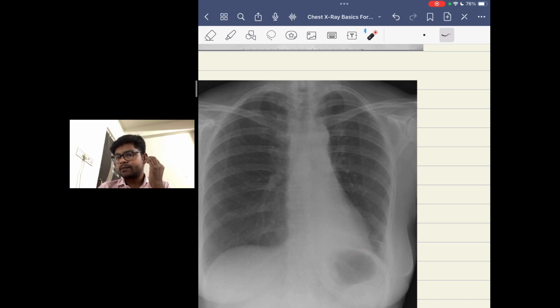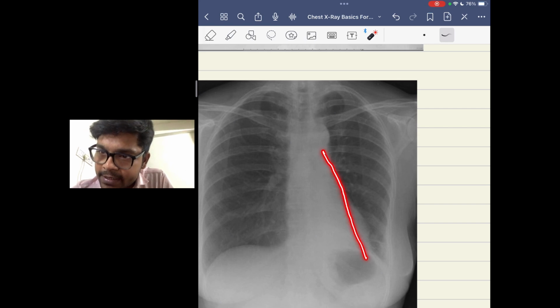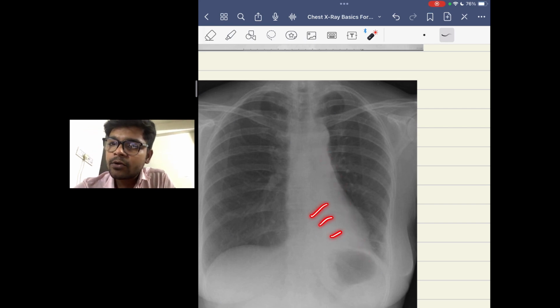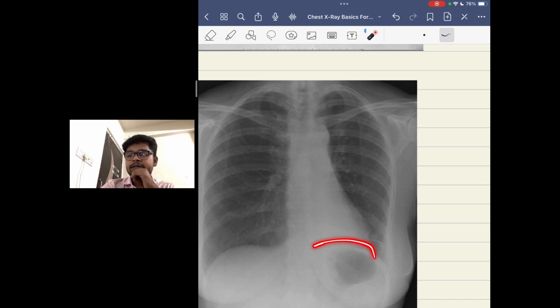We cannot see the diaphragmatic border. And there is a retrocardiac opacity. There is no air bronchogram inside the opacity, so this is not a consolidation. The hemidiaphragm is lost and there is volume loss. So this is again an X-ray of left lower lobe collapse.